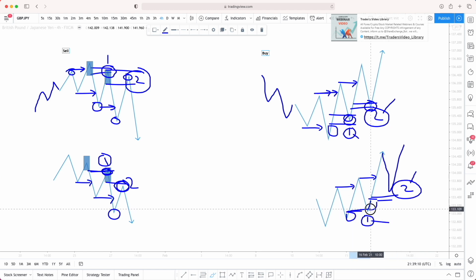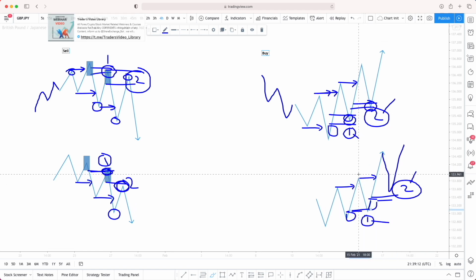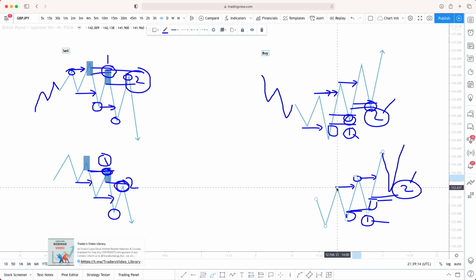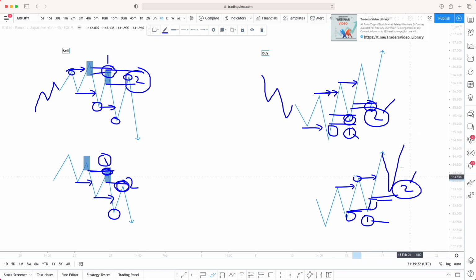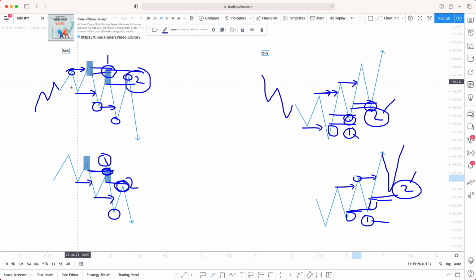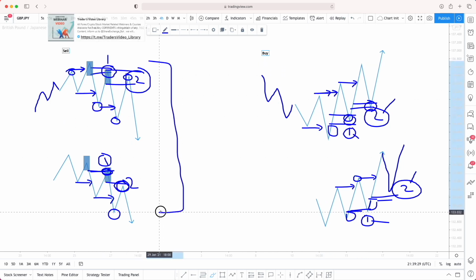Why? Is because we don't know if it's just a liquidity grab. Okay, we don't know if this is a liquidity grab from the previous high and then coming down again. Okay, we don't know that. But this is the only pattern that we are going to be looking for a buy, and it's the only 2 patterns for a sell.